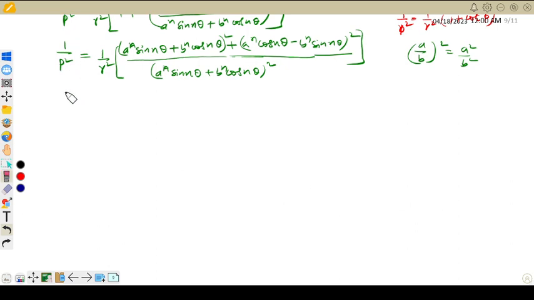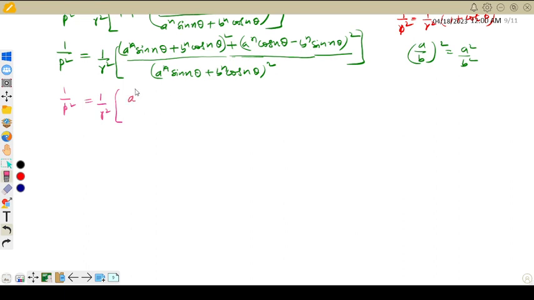Now this is 1 by p square is equal to 1 by r square. Now we are going to expand by using the identity a plus b whole square and a minus b whole square.